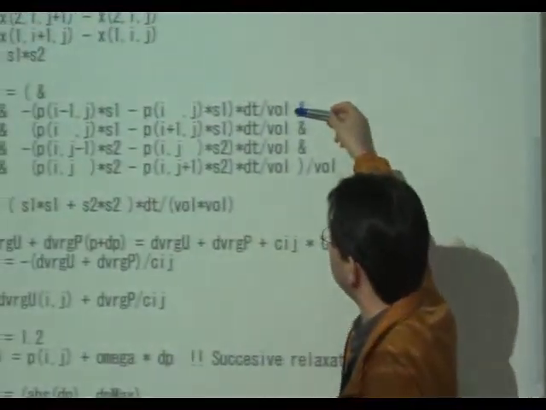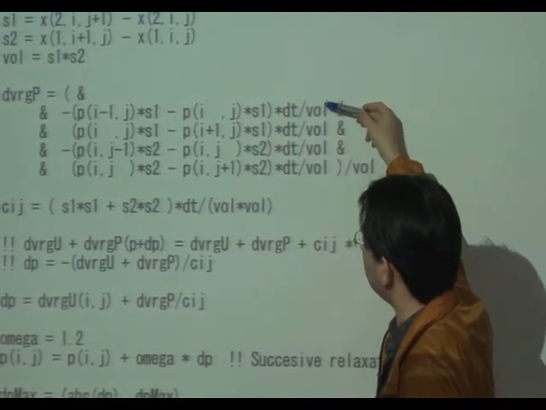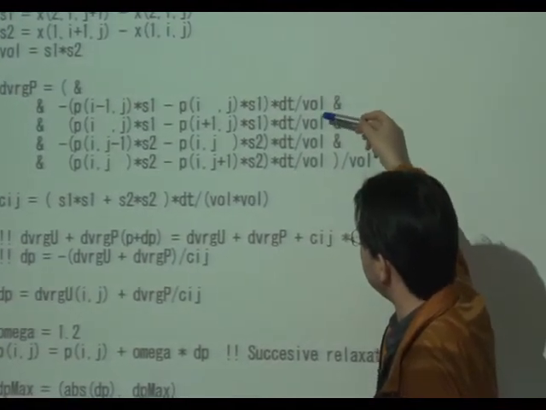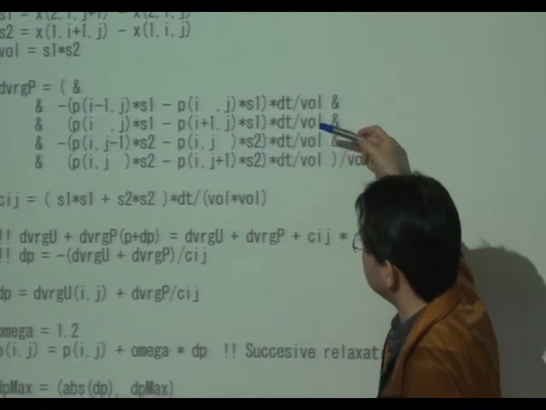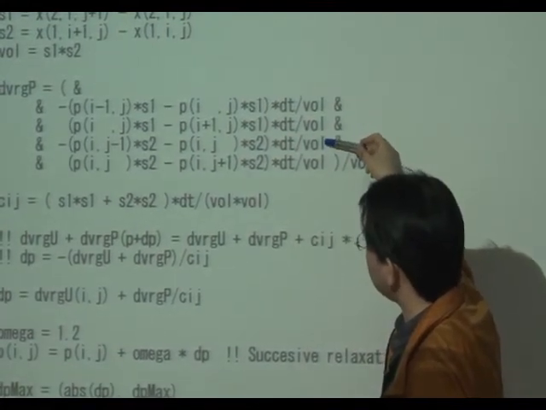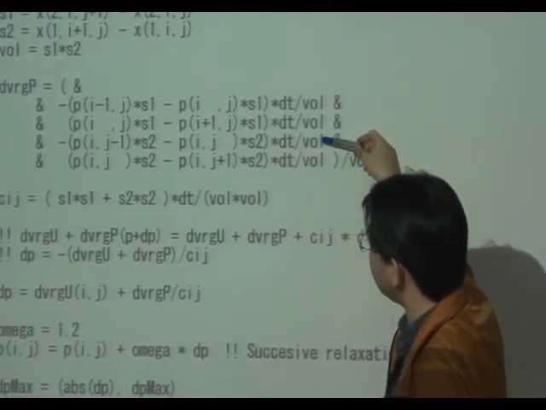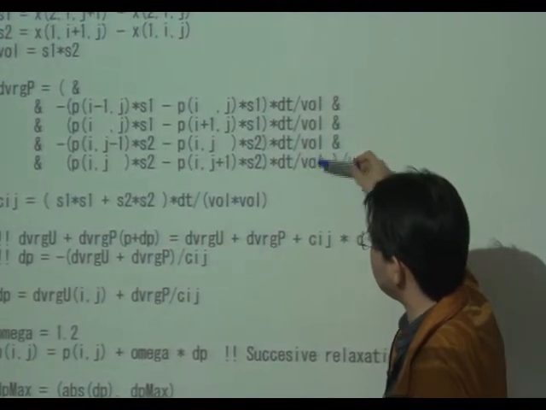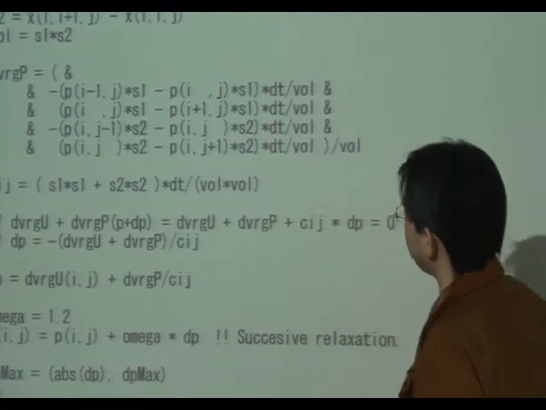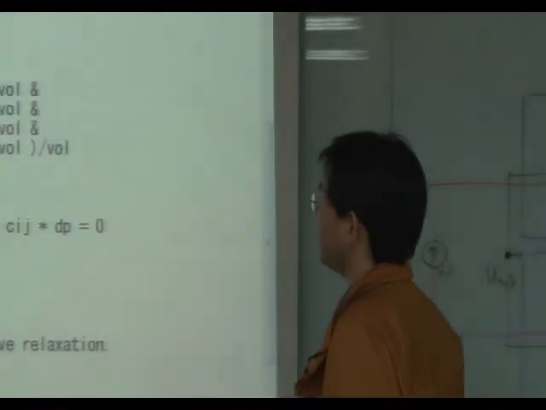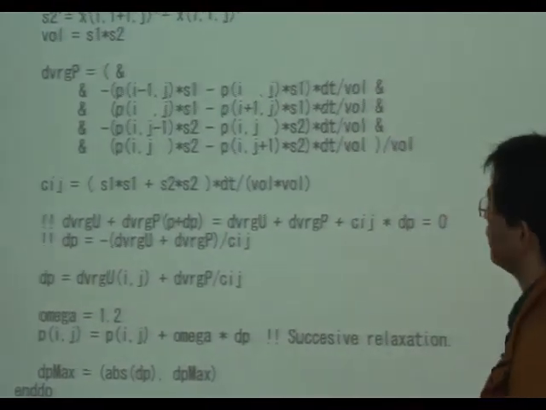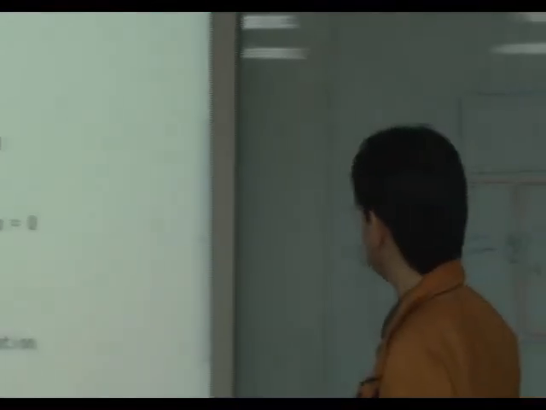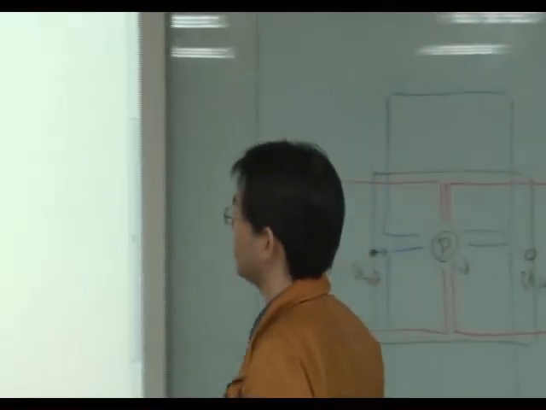This is U1, left side U1, right side U1, and lower side B component, and upper side B component. So this is the divergence of pressure gradient.